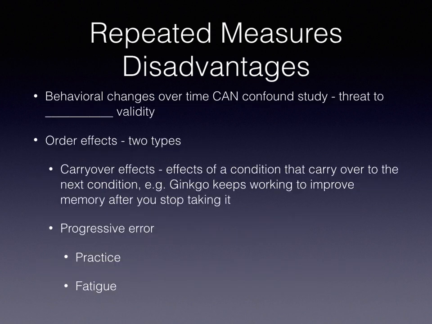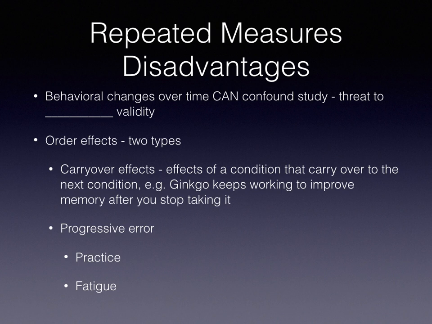Unfortunately, there are also some significant disadvantages to this design. You might have already thought of one: if people take Ginkgo and we measure their memory, and then we give them a placebo, the same people, and measure their memory again with the same test, they might do better the second time because they're getting practice, they're getting a workout of their memory.